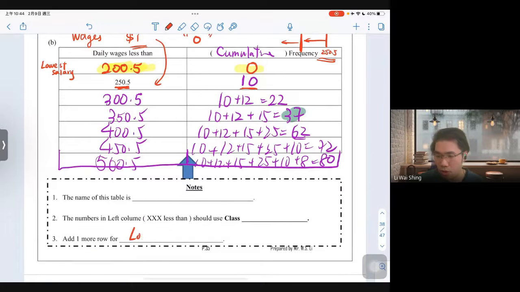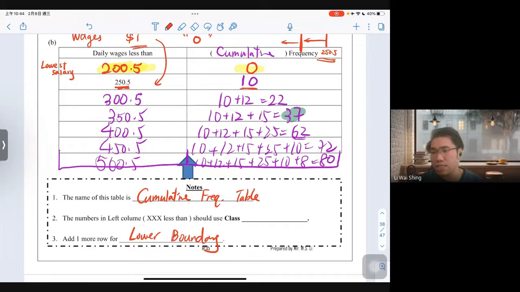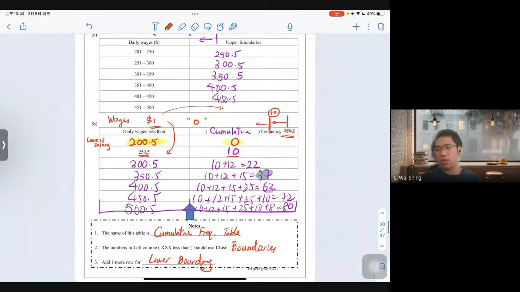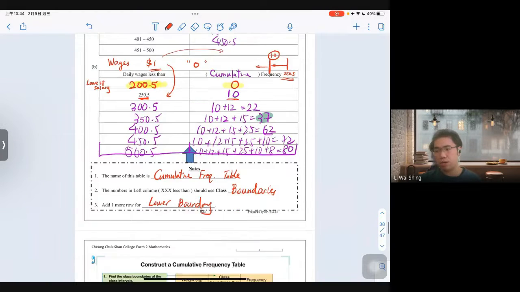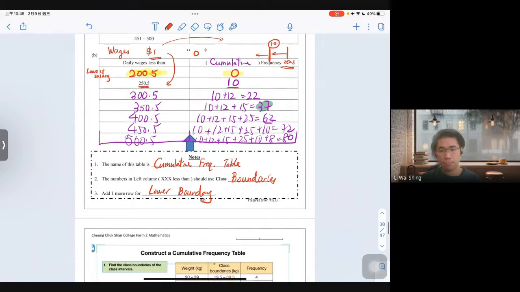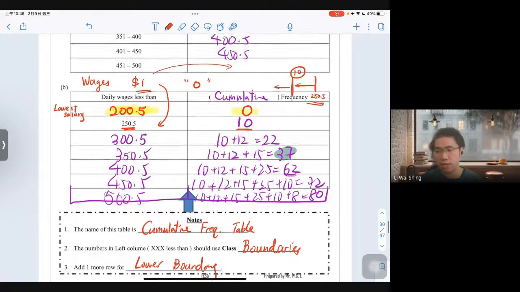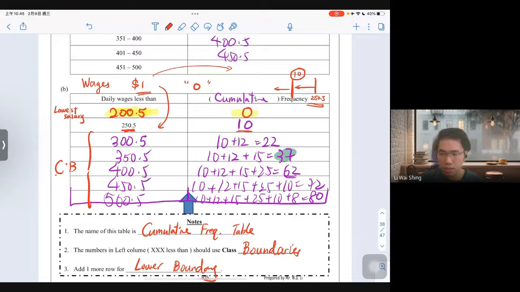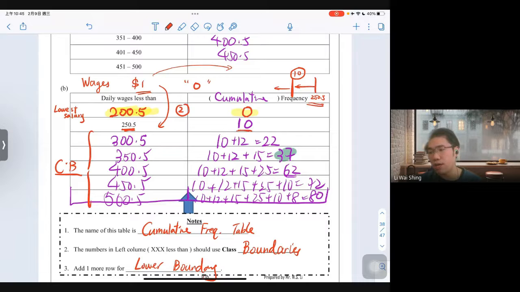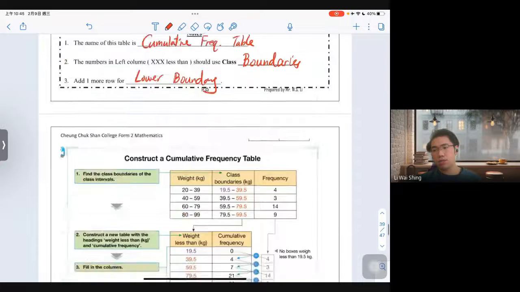呢個 table 我哋叫 Cumulative Frequency Table。記住 less than 嗰個數一定要用 class boundaries。少過200.5幾多個人？少過250.5，少過300.5，少過350.5。咁所以呢度有兩樣嘢要留意。第一樣，記住要用 class boundary。第二樣，記住要加翻一個 group，set 翻個 lower bound，set 翻個最低工資俾佢。跟住其他嘢都係手板眼見功夫。Any question here?